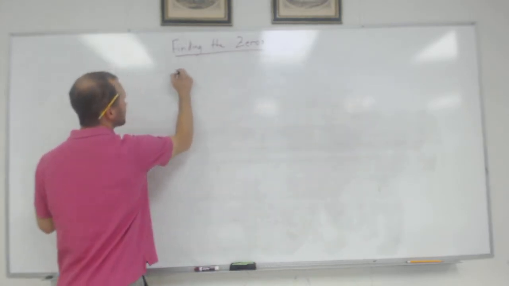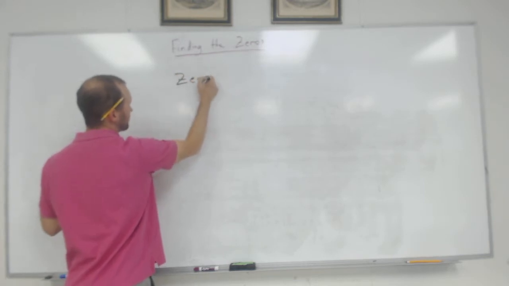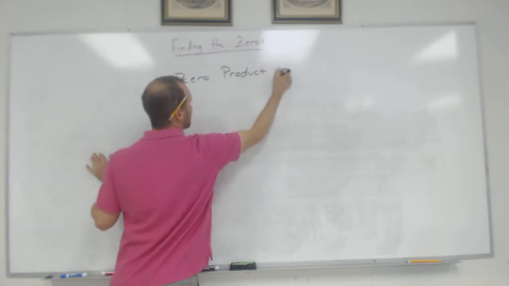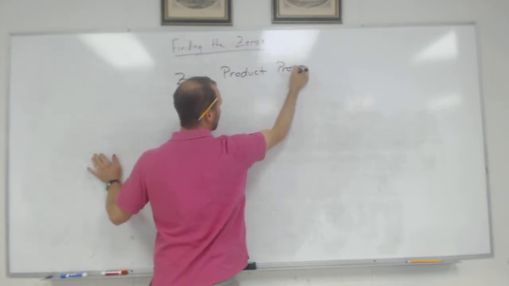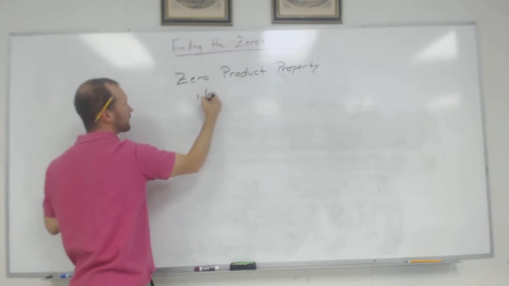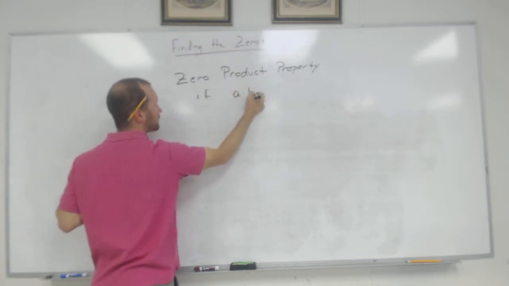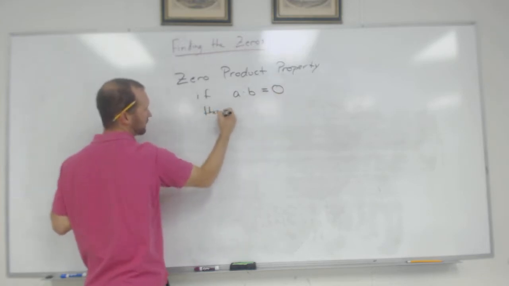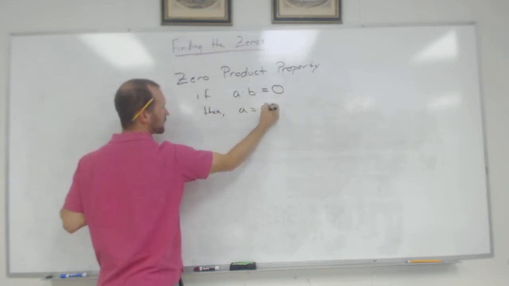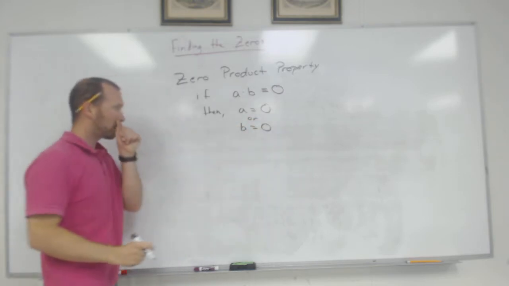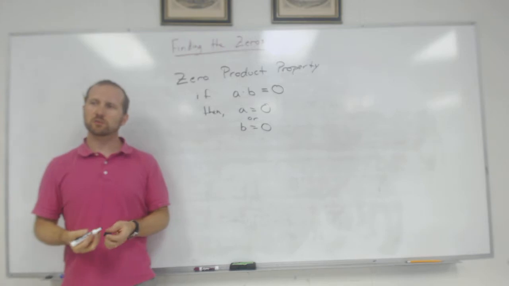It's called the zero product property. And it says if A times B equals 0, then A equals 0 or B equals 0.